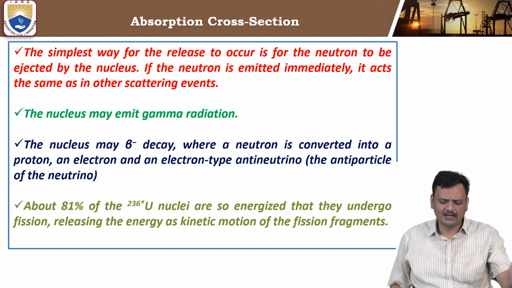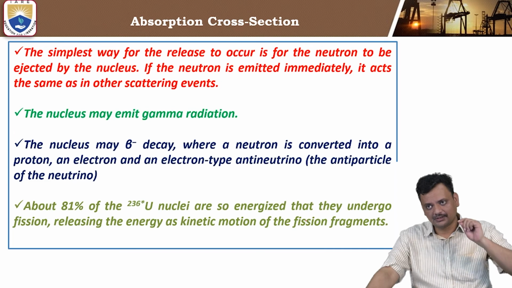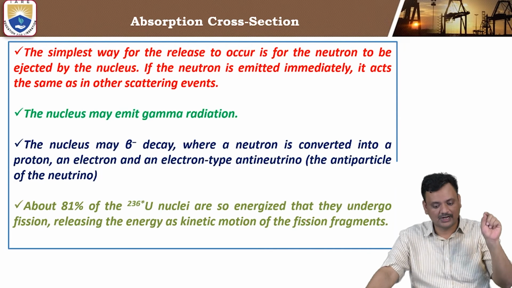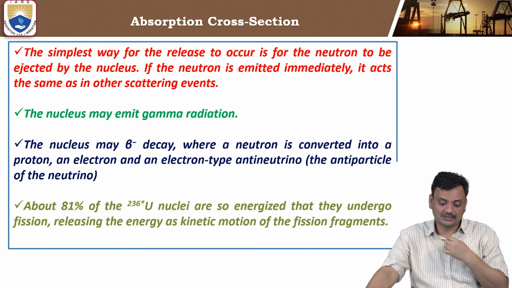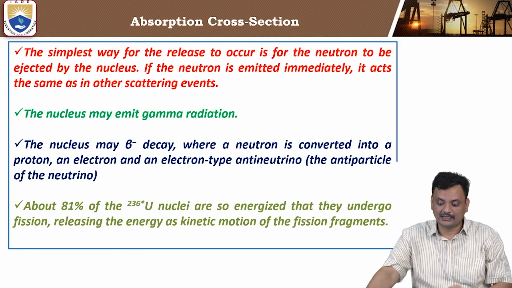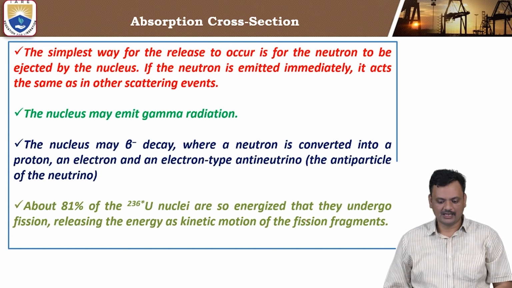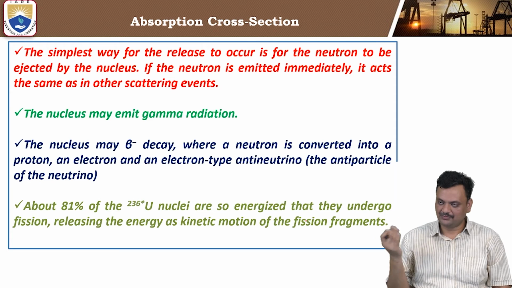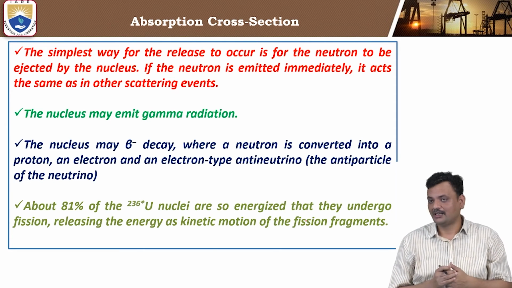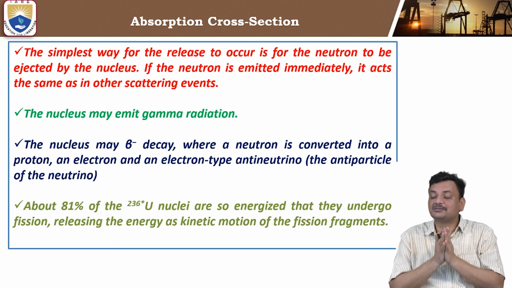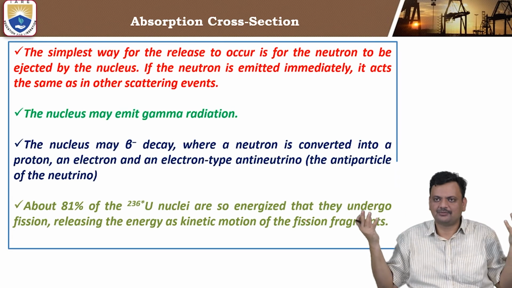It is observed that about 81% of uranium-236 nuclei in the higher energy state are so energized that they undergo fission, releasing the energy as kinetic motion of fission fragments. So another chance is that it will go for fission, the breaking of itself.